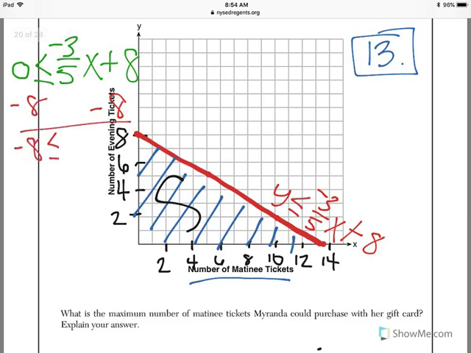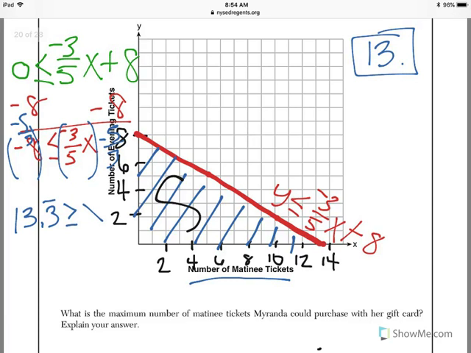So I've got negative 8 is less than or equal to negative 3/5 x. And if I multiply both sides by negative 5/3, I'm going to have to flip the inequality around because I multiplied both sides by a negative. And I have 13.3 repeating is greater than or equal to x.